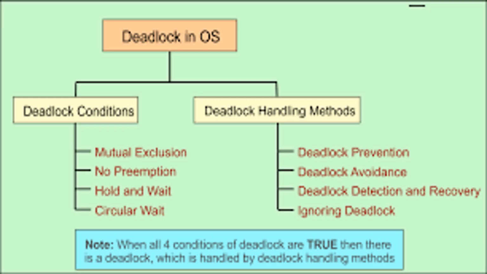So we can try to avoid the deadlock or we can prevent the deadlock. But in case a deadlock occurs, the deadlock has to be detected and recovered. These methods we'll see in the next class or next video.